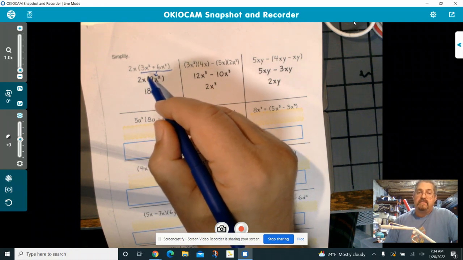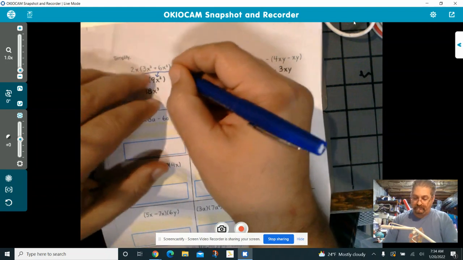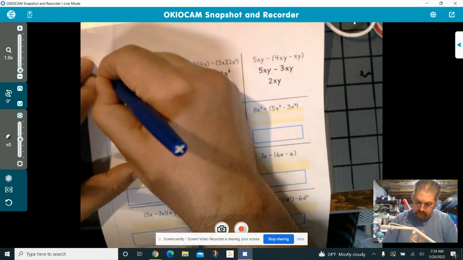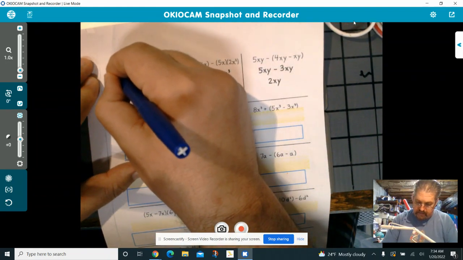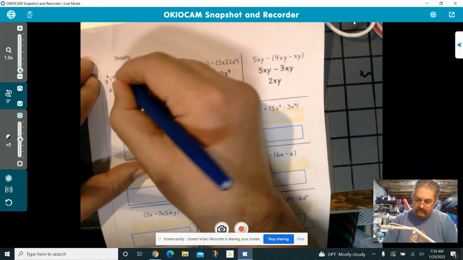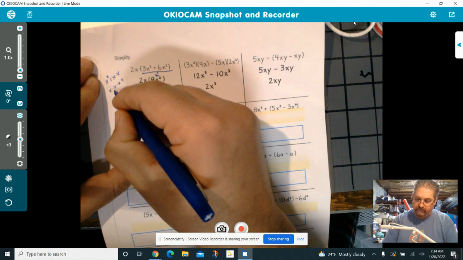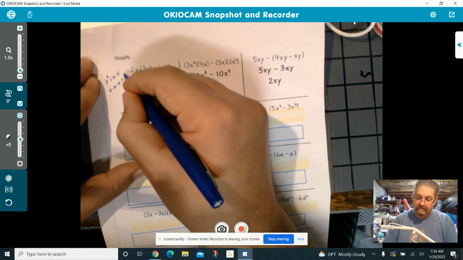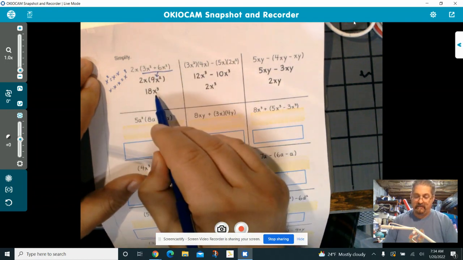And x times x squared. X squared equals x times x. So you have x times x times x. Right? X times x, boom, boom, times x is x to the third.